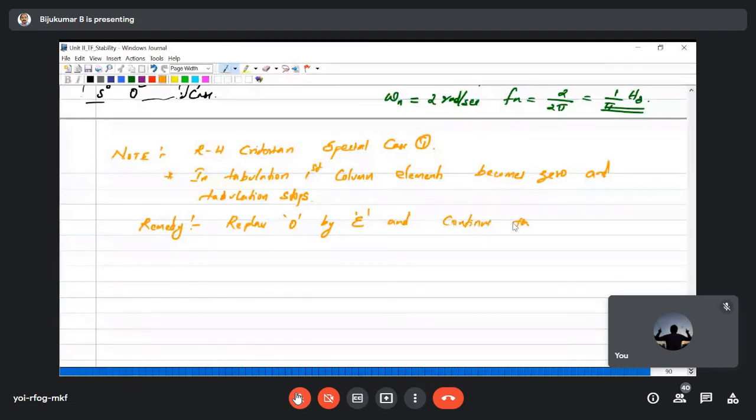Then you can check the polarity. Clear? So this is the first special case that arises in the Routh array. If any element in the first column becomes 0, the tabulation will stop, right? So in order to continue, what you have to do? Replace the 0 with an epsilon and continue your tabulation.